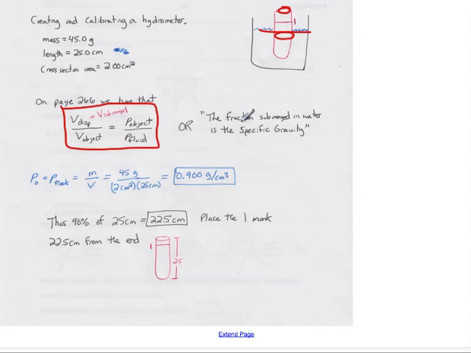Another way to say this is that the fraction of an object that's submerged in water is the specific gravity, because if you look over here, this is what you're going to have for specific gravity as long as your fluid is water. And over here is just the fraction that you have submerged out of the total object. So this is just the fractional part that's submerged in that water. So that's really nice. It should be pretty useful, and it can help us make a hydrometer here.